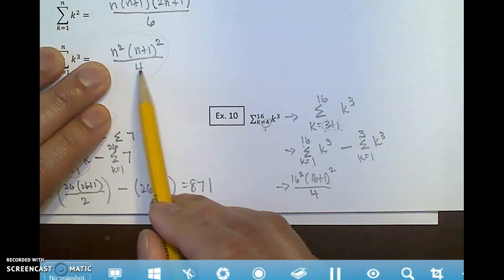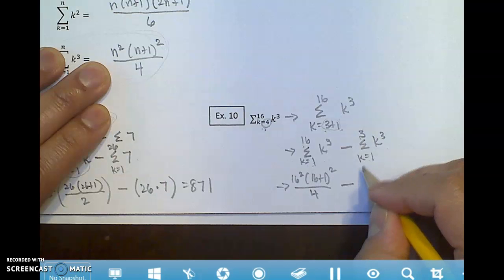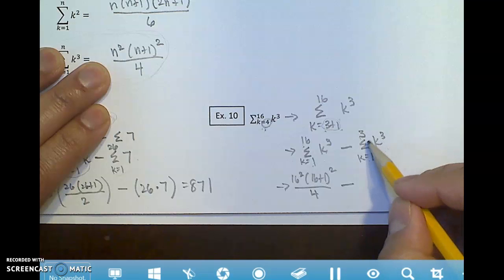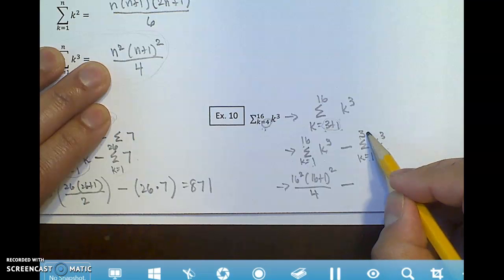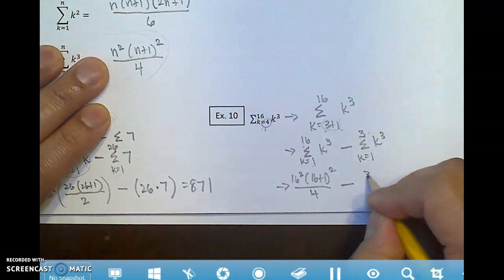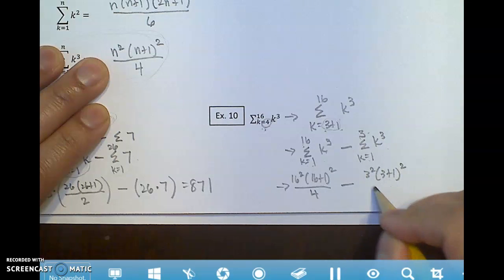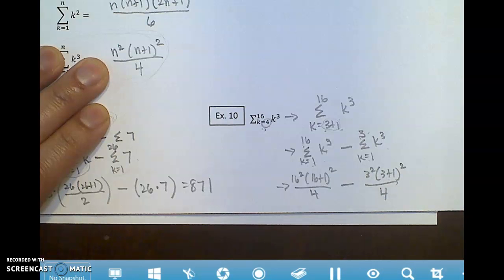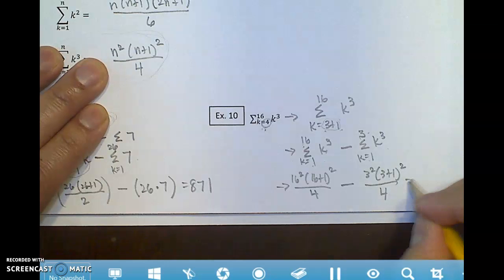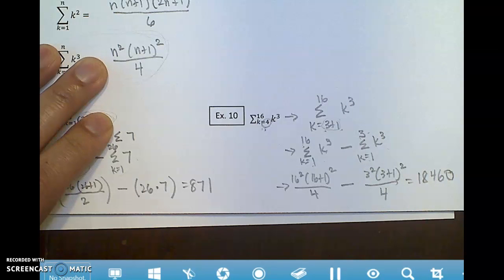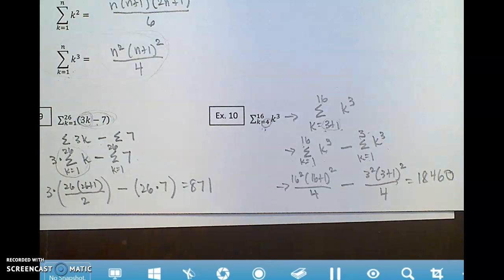I'm just plugging in using this formula, minus. Now for this k cubed sequence summation, my n value is 3. So I'm going to plug 3 in for n into the formula. Okay, plug that all in my calculator, and I get a sum value of 18,460.